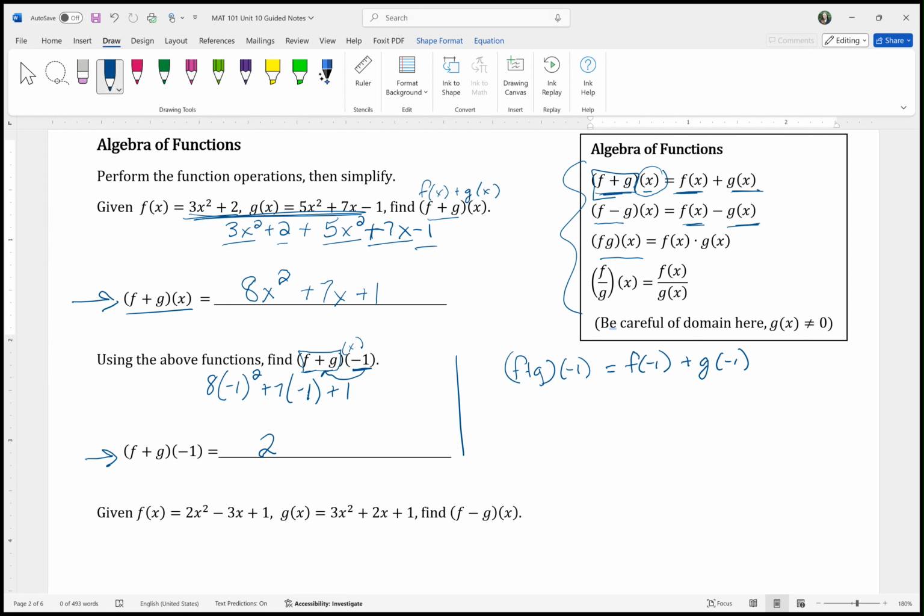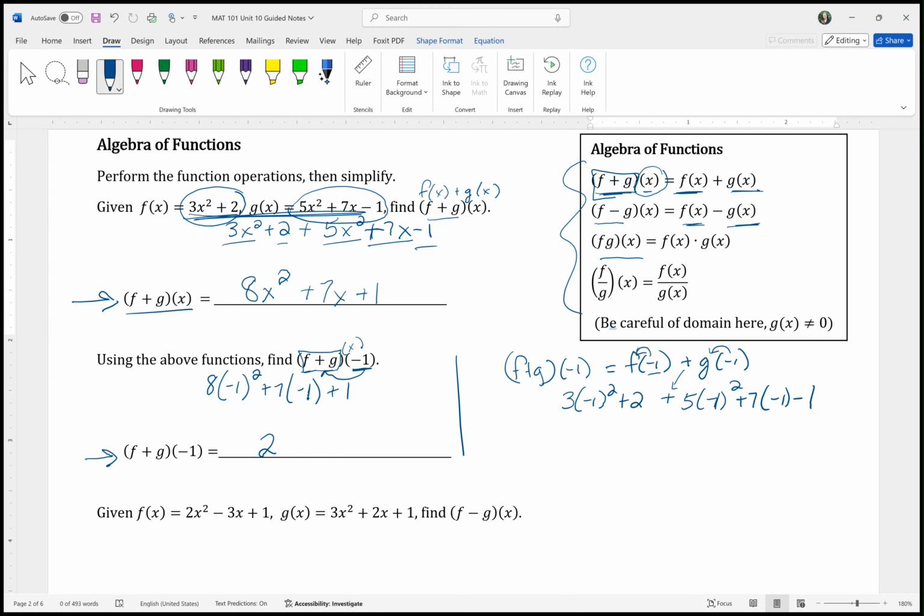This means take negative 1 and plug it into f. So here's our f. We're going to take negative 1 and plug it in there. 3 times negative 1 squared plus 2. And then plus take negative 1 and plug into g. Well, g is all of this. So that would be 5 times negative 1 squared plus 7 times negative 1 minus 1.